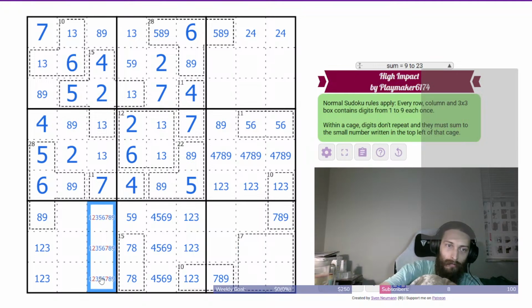Over this column. 4, 2, 1, 3, and 7. Got 5, 6, 8, 9.